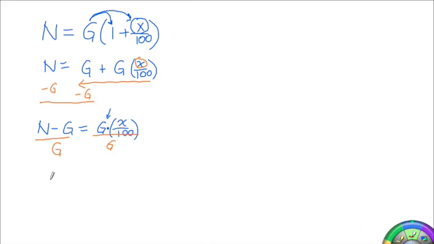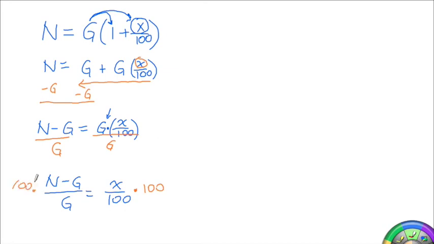It is kind of bad, of new minus grandma over grandma is equal to x over 100. So we're getting closer. The x is almost by itself. Well, the last step is pretty easy. You just have to multiply both sides by 100.